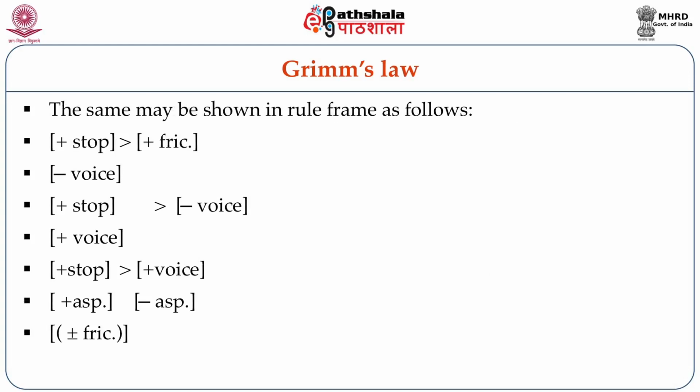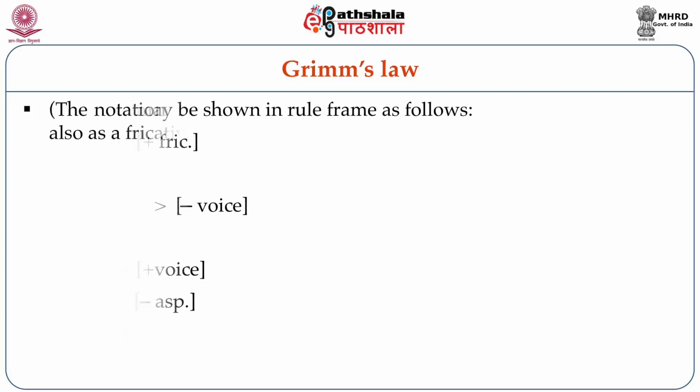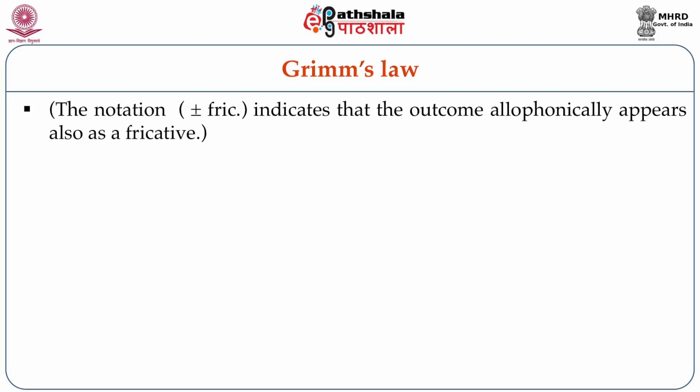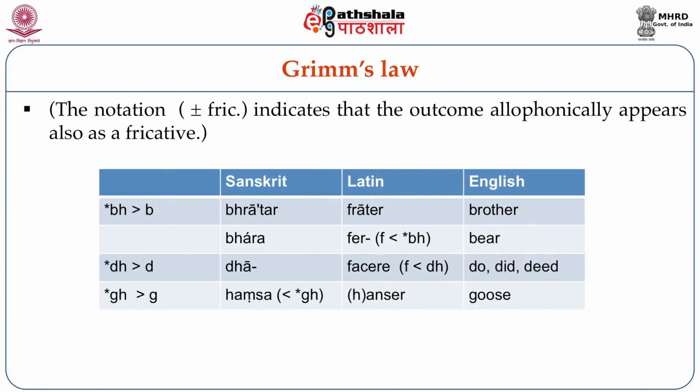First, plus stop minus voice changing to plus fricative; plus stop plus voice changing to minus voice; plus stop plus aspiration changing to plus voice minus aspiration plus or minus fricatives. The notation plus or minus fricative indicates that the outcome allophonically appears also as a fricative. The table is given.